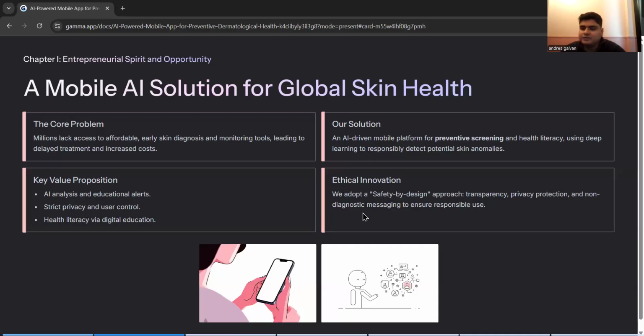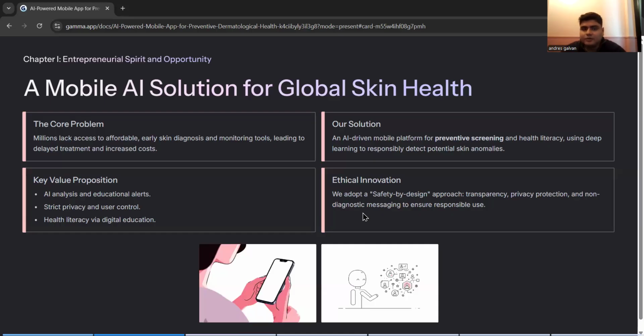Our innovation lies in the responsible application of AI, using computer models specialized in CNNs to analyze images of the skin and identify patterns that may indicate irregularities from other datasets. Datasets means the data that is processed through the AI model.